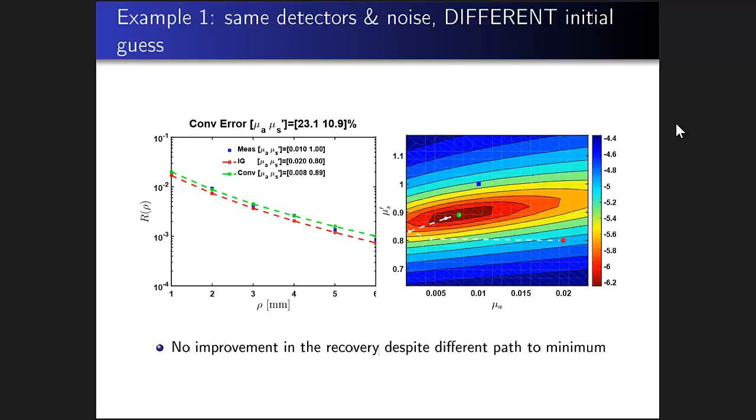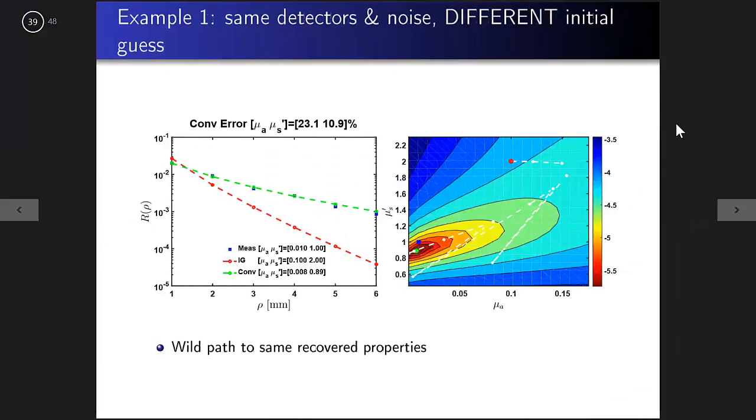And then just for fun, I was trying to find a way that it didn't converge to the same. I was trying a variety of different initial guesses. So I tried mu A of 0.1 and a mu S prime of 2. I included this because I thought it was interesting. It's kind of wacky how it found it. It comes to this side of the trough, goes over here. That's the derivative information shooting you across.